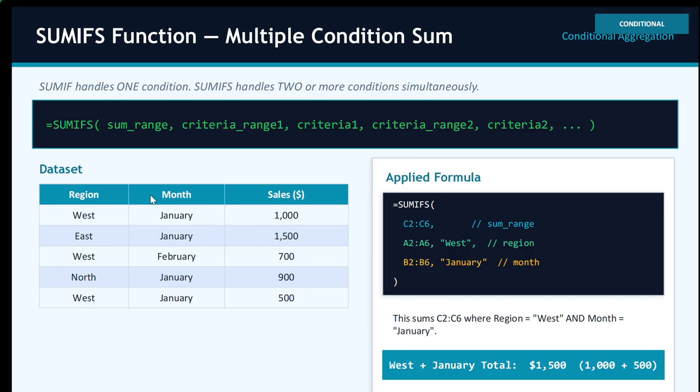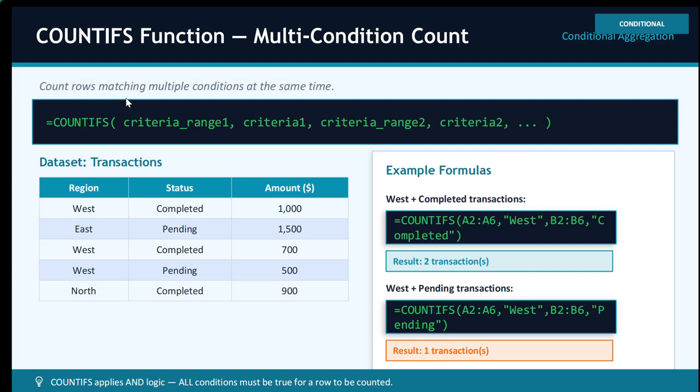That's why we did A2 to A6, West, then B2 to B6, January. When you close the bracket, it will sum the region that is West and the month that is January. If you fulfill these two conditions, you get the sales for that particular region and month. So SUMIFS is for multiple-condition sums.